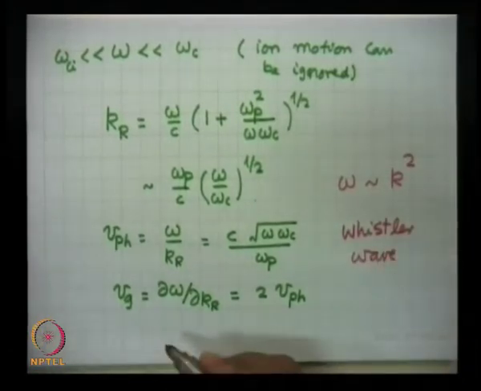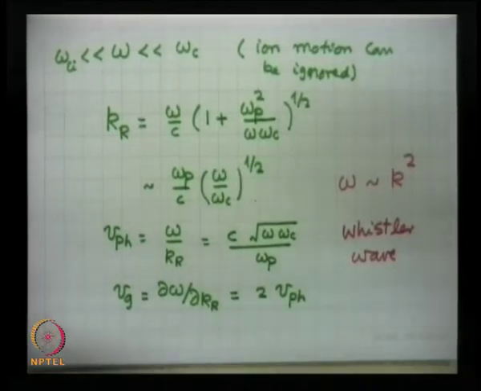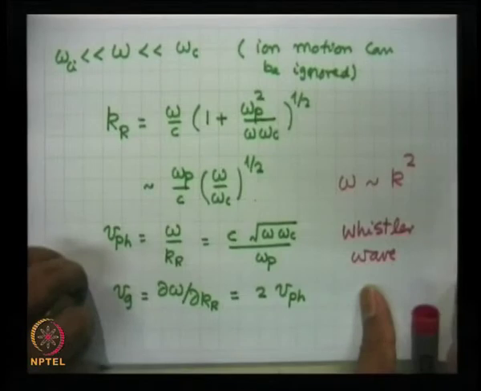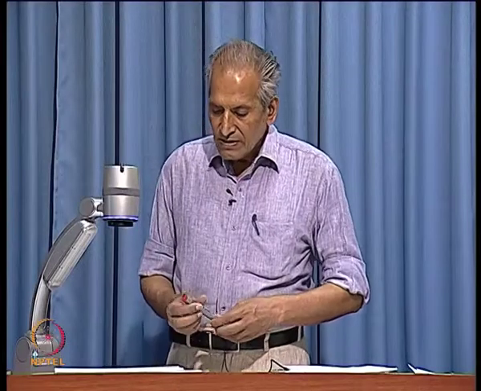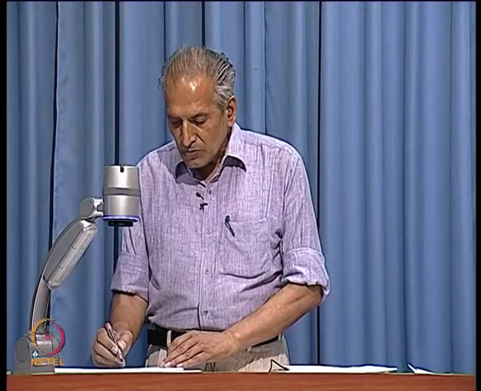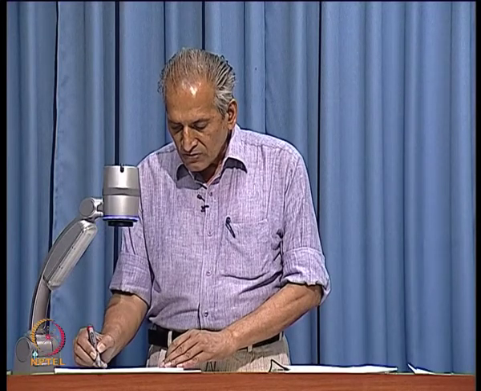In early 50s, this wave was observed during thunderstorms. So when there is lightning during rainy season, then these waves are produced somewhere. Suppose this is my earth. These are kind of lines of force.